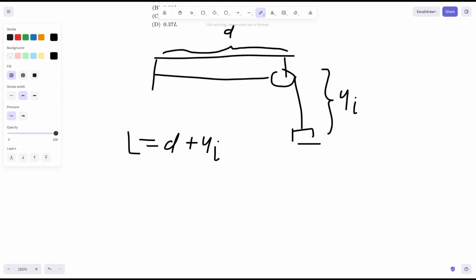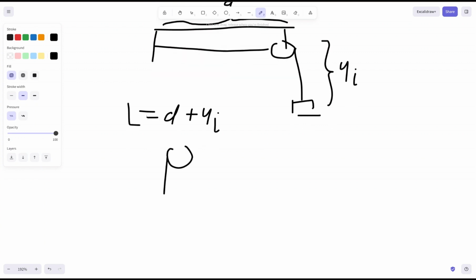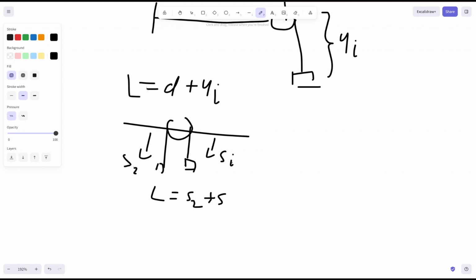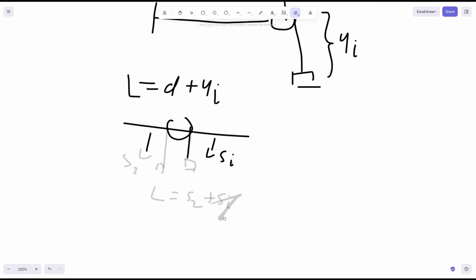The reason this is a real thing is that it's called conservation of string. Traditionally you see it in vertical pulleys. Like this, you could say this is S1, this is S2, so the total length equals S1 plus S2. We can also apply it to the horizontal part as well, which is pretty neat.